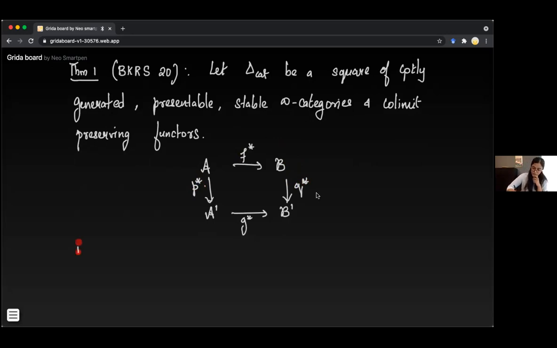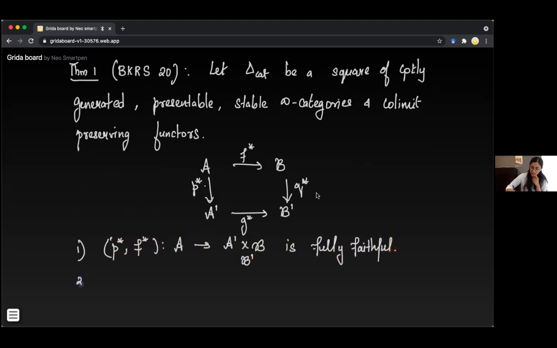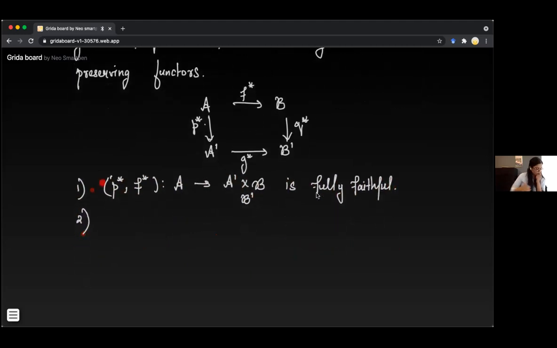So first, we want P upper star and F upper star, which goes from A to A prime cross B over B prime, to be fully faithful.